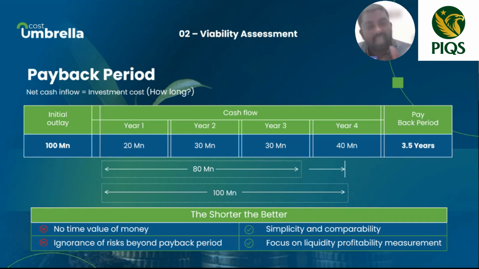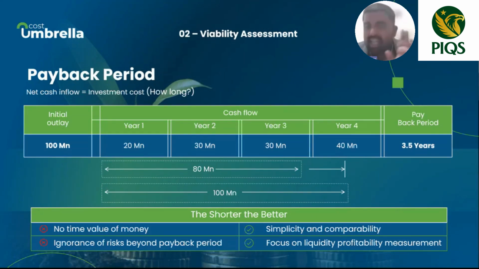So you invest 100. In the first 2 years you got 50, till the third year you got 80. Now you have a balance of 20 to get 100 million back. But you are getting 40 in the fourth year, so it means another 6 months required. So the total time required to get the 100 million back is 3.5 years.